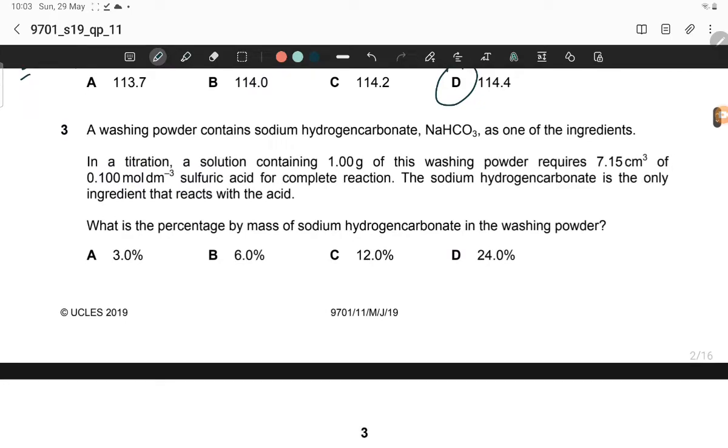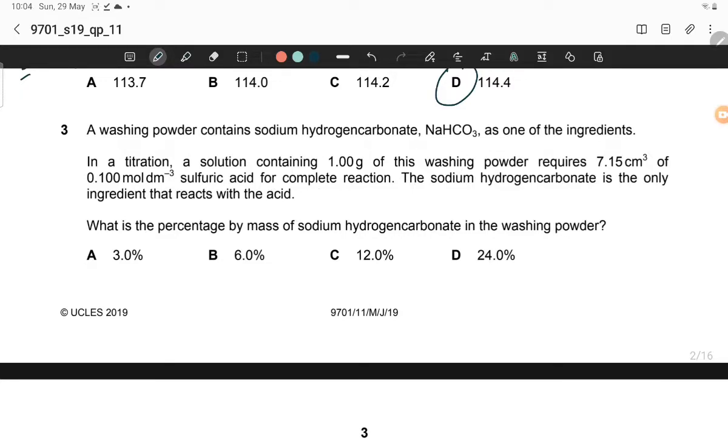Question number 3. A washing powder contains sodium hydrogen carbonate as one of the ingredients. In a titration, a solution containing 1 gram of this washing powder requires 7.15 centimeter cube of 0.100 mole per dm cube sulfuric acid for complete reaction.